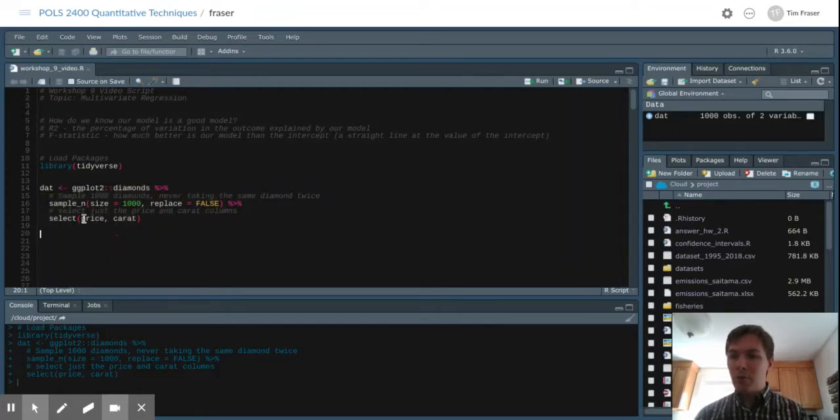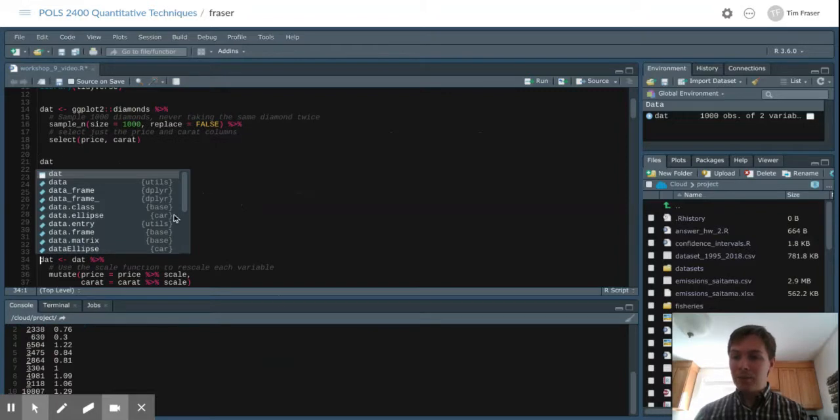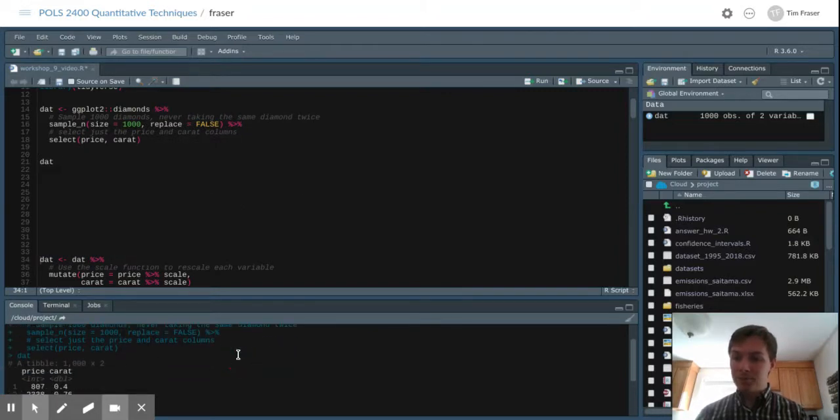And we're just going to grab the price and the carat of those diamonds. Now, if we run dat, you'll see down here that we've now got the price and carat of those diamonds. So this is like $807, and this is 0.4 carats for a single diamond, all right?